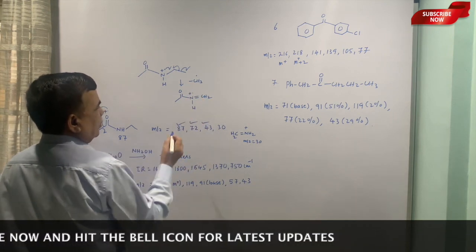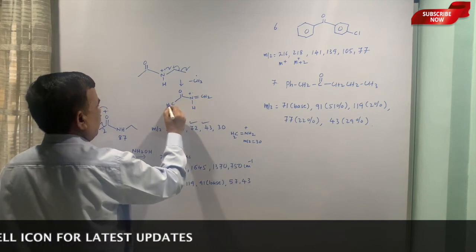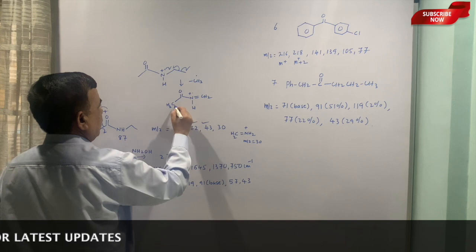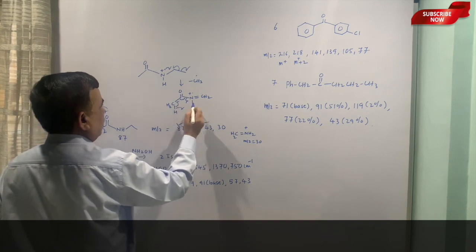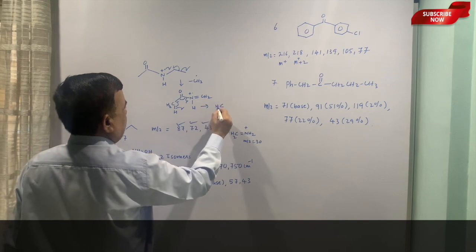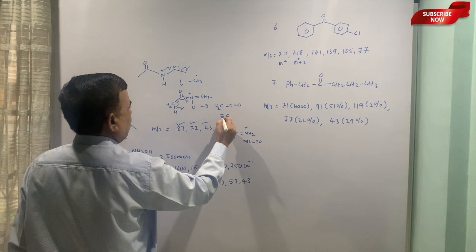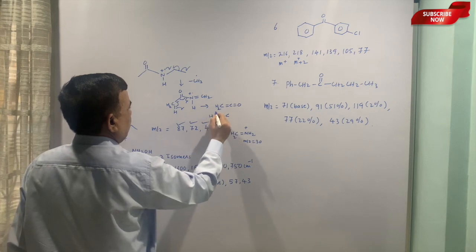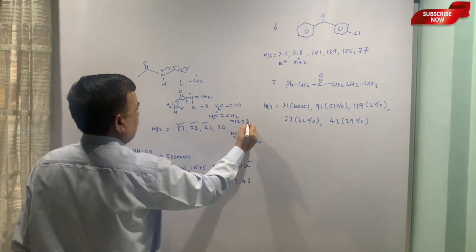Okay. Then the loss of ketene, that is a neutral entity, but you will be having this, M by Z is equal to 30.